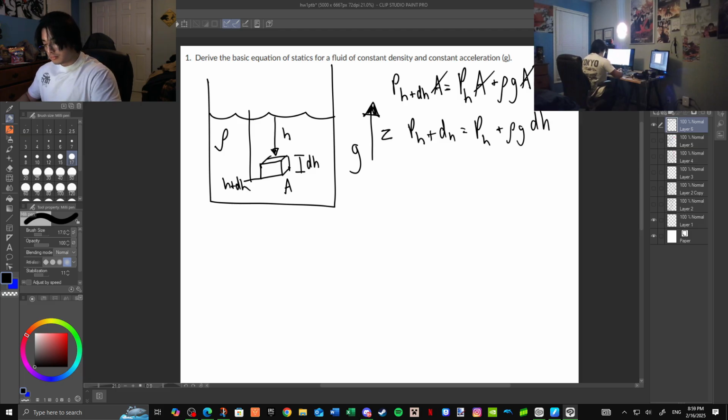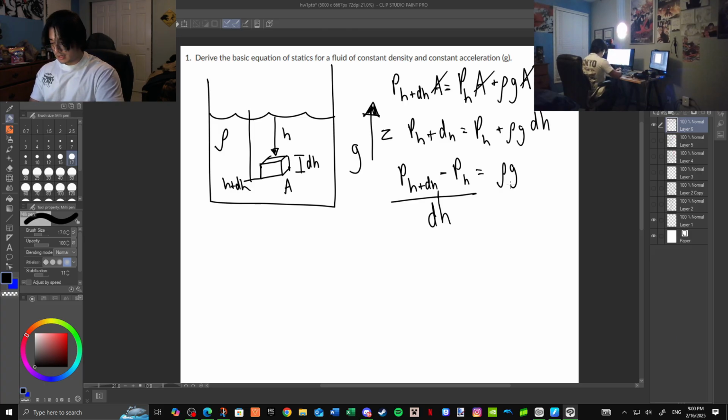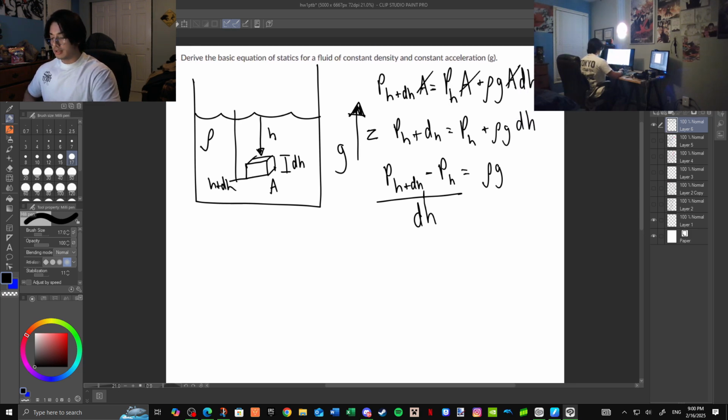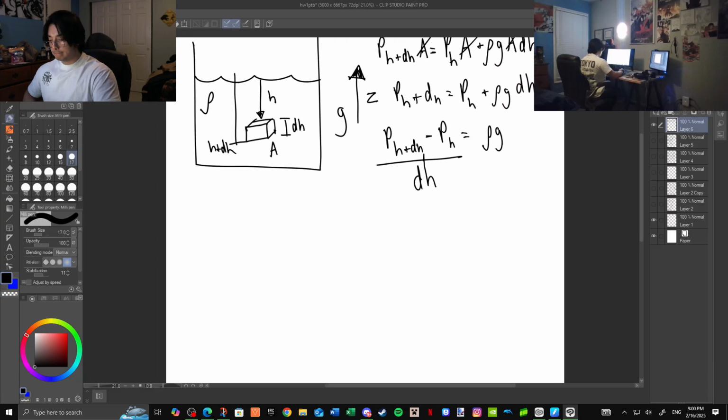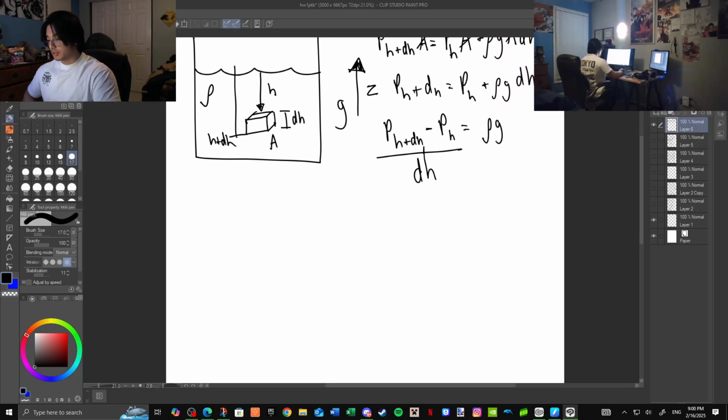Okay, and so we can subtract p of h on both sides, and we're also going to divide both sides by dh, because we need to find a function that we can derive into a basic statics equation.